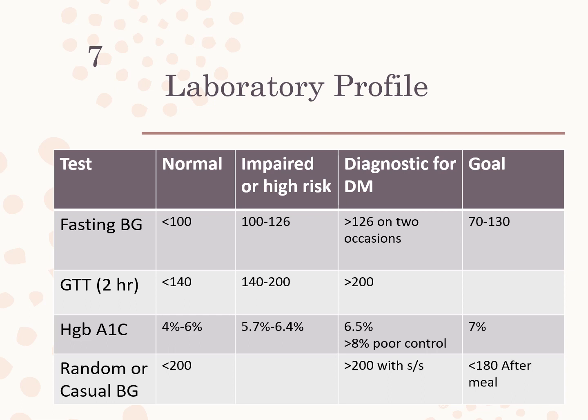If it's in the 140 to 200 range, we are possibly looking at pre-diabetes. If it is greater than 200, that is very diagnostic for diabetes. Hemoglobin A1C. I am always asking my doctor when she draws my yearly labs, can we please check my hemoglobin A1C? Why? Because my dad is a diabetic.